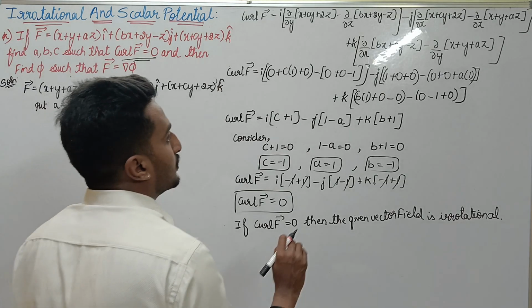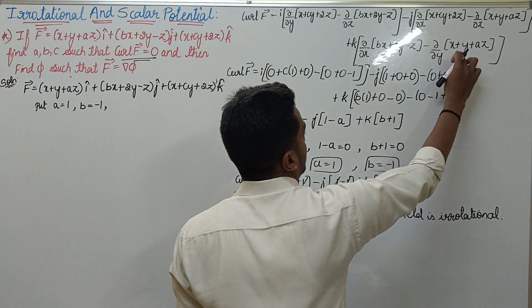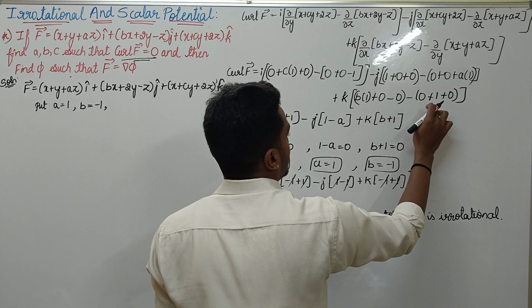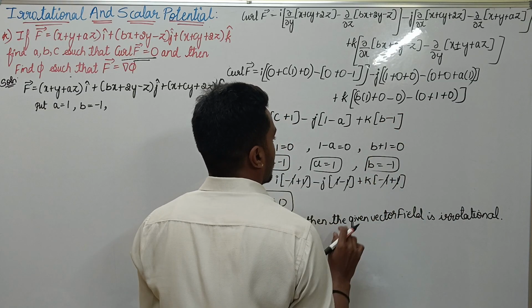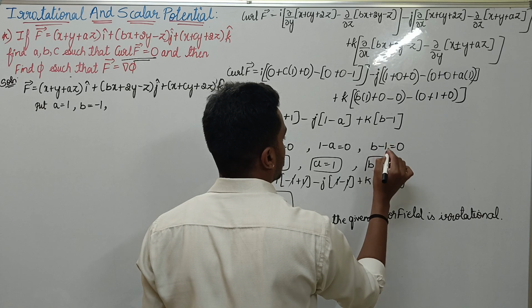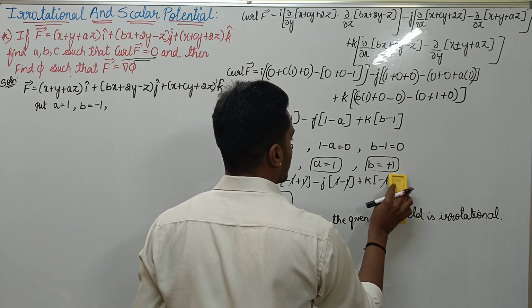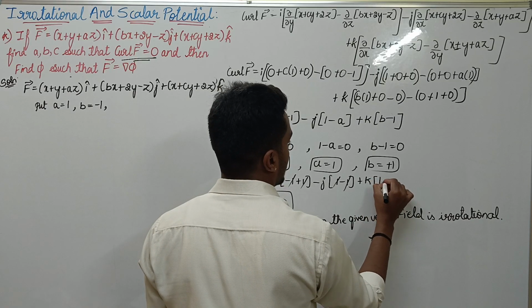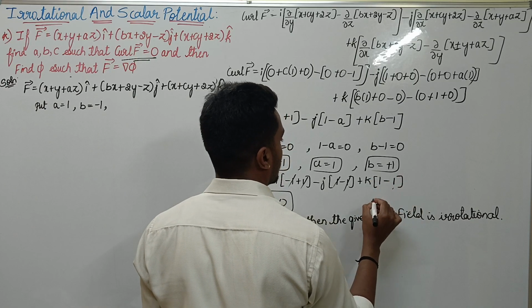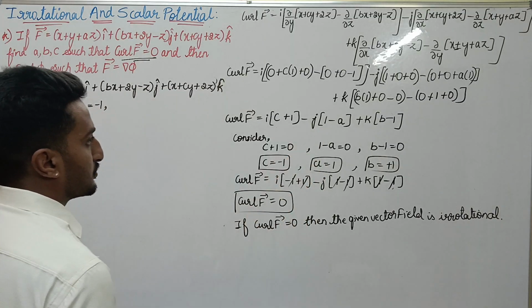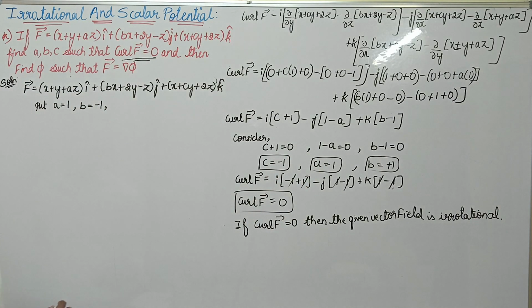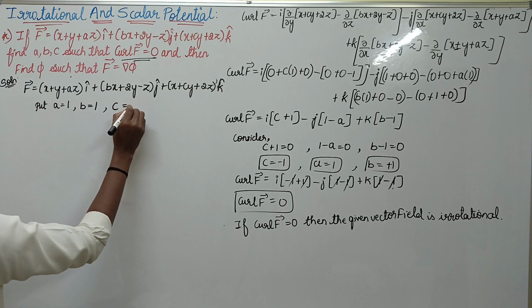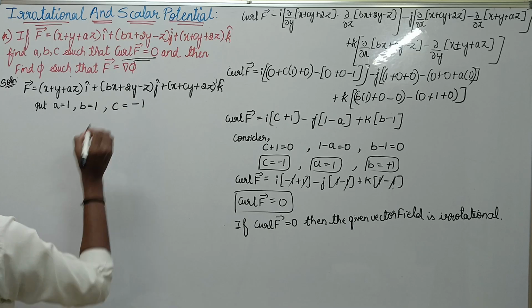Okay, wait a second. Sorry, please do correct it: b is 1, and c is equal to minus 1.